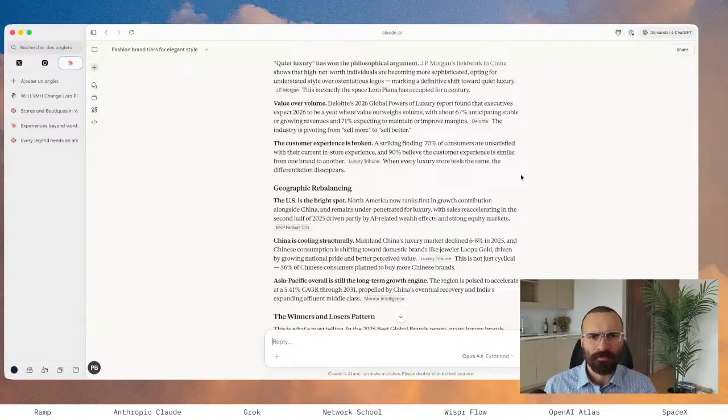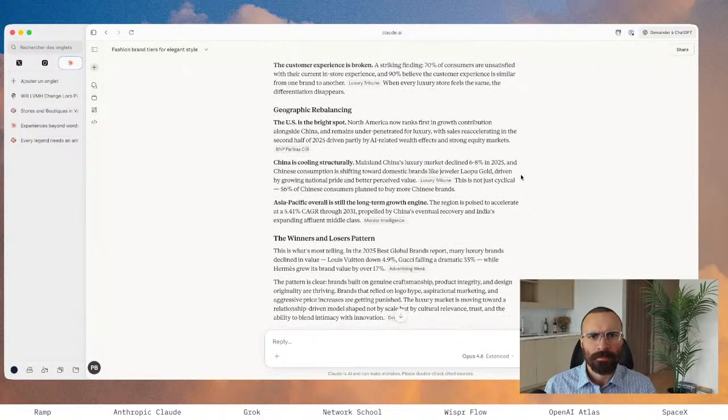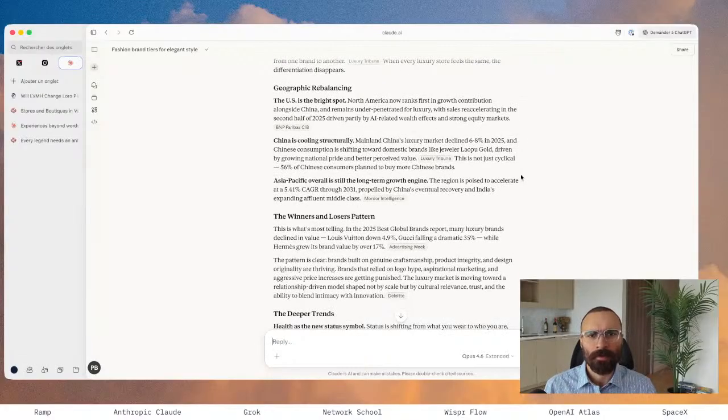The customer experience is broken. 70% of consumers are unsatisfied with their current in-store experience. When every luxury store feels the same, the differentiation disappears. Geographic rebalancing: the US is the bright spot.